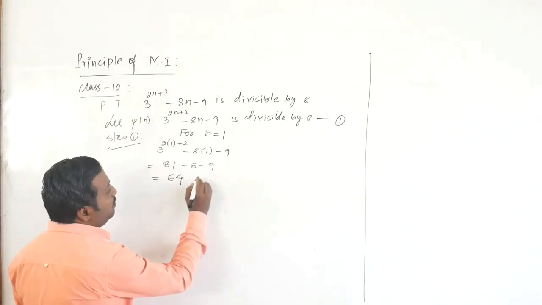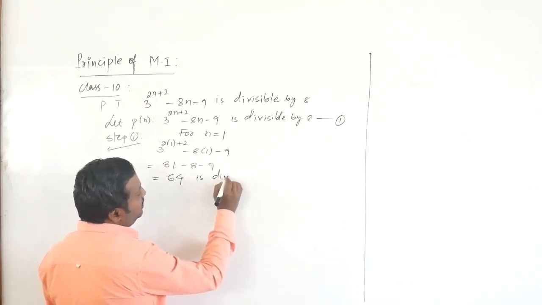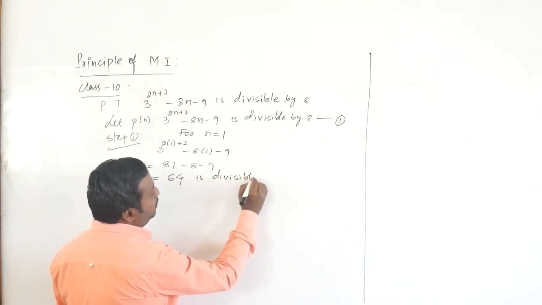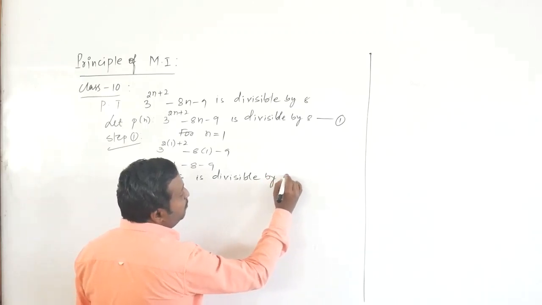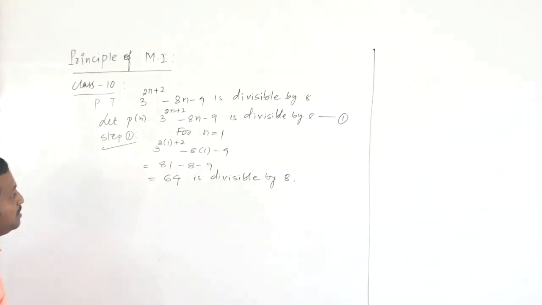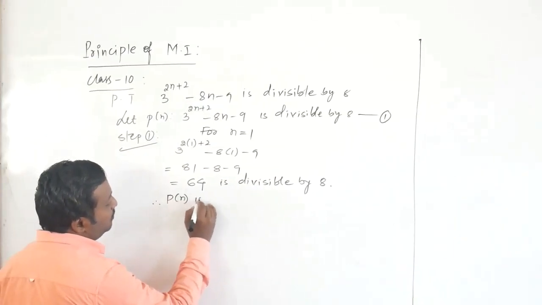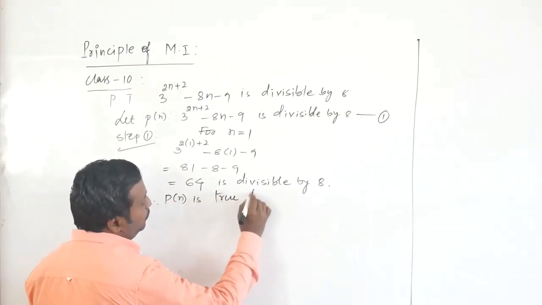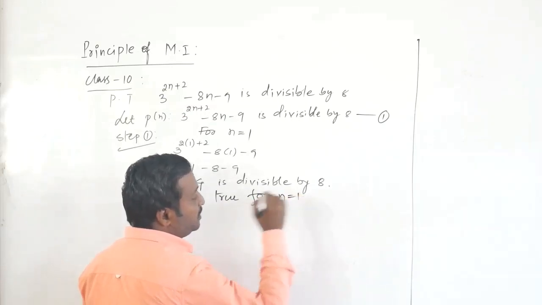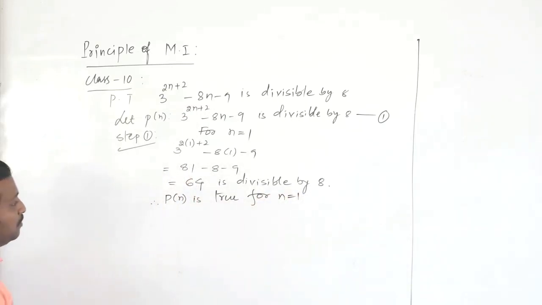So 64 is divisible by 8. Yes, everyone knows it is divisible by 8. Therefore, what is your conclusion? P of n is true for n equal to 1.